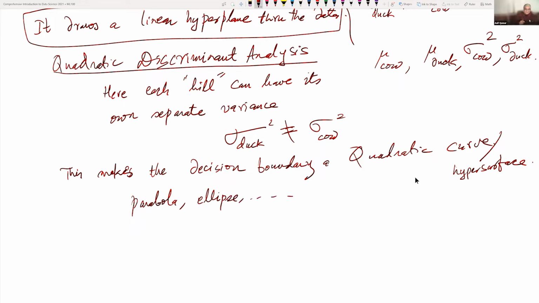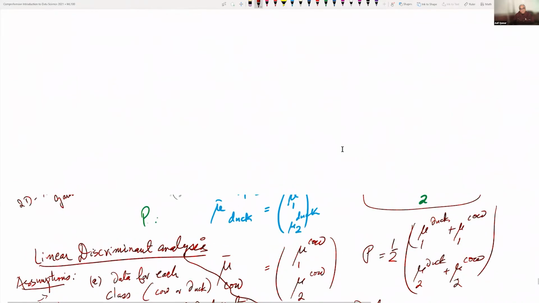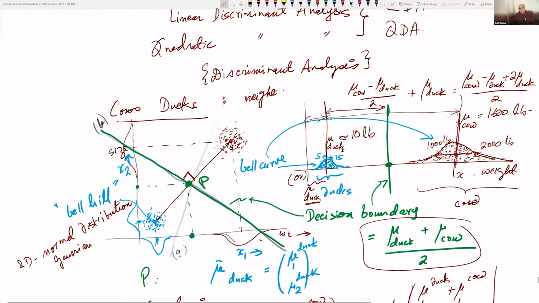Yes, etc. So it will be any one of these. These are two-dimensional curves. So your decision boundary won't be straight. So this is something to know. And as you can see, the derivation of reasoning through linear discriminant analysis is pretty straightforward, and we quickly went through it. In this course, we will stop there because we are only doing mostly linear methods.